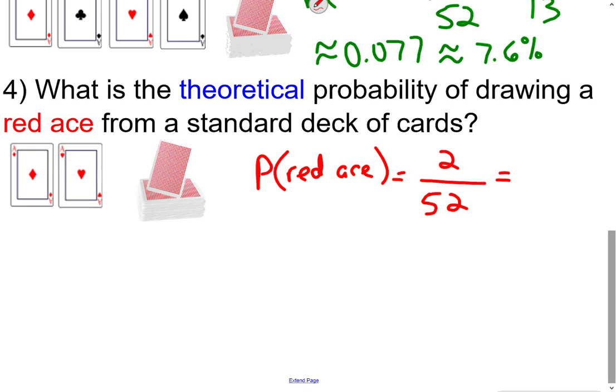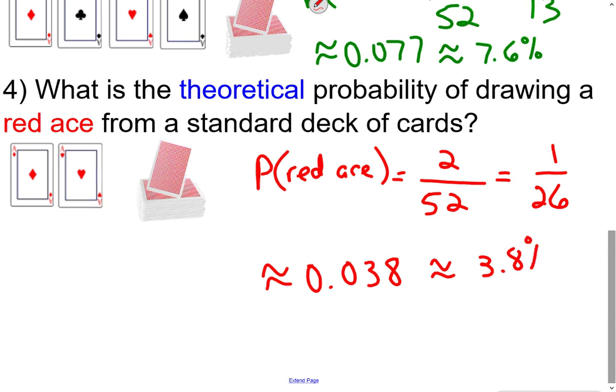If I simplify that fraction, both of them are divisible by 2, so I end up with 1/26 as my probability in terms of a fraction. If I wanted to turn that into a decimal, my decimal is going to be 0.038. Percentage-wise, we're looking at approximately 3.8% as my probability to pull one of the red aces out of my standard deck of cards.